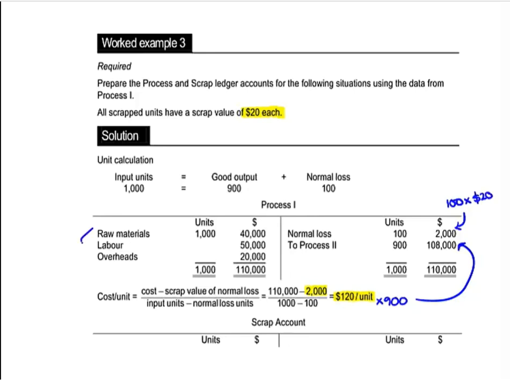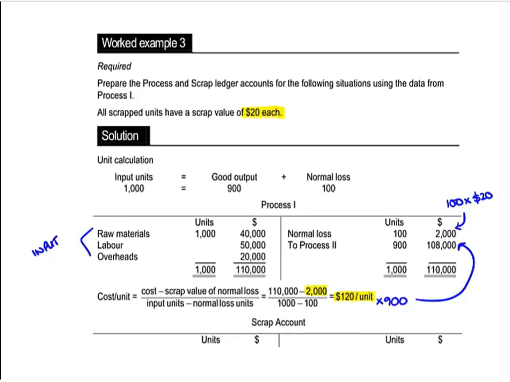And then over here on the debit side, as before, we've got all of the same input costs. And we're noting then that our units still balance: 1,000 units of input, 100 units of normal loss, and 900 units of good output. And also that our figures in the right-hand column balance too.